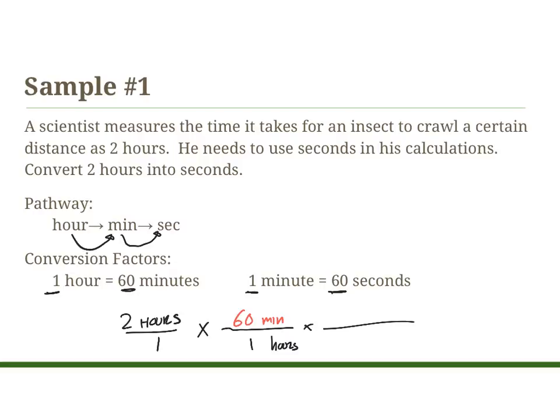He is then going to convert from minutes into seconds, because if he stopped his calculation right here, the hours would cancel out and he'd be left with minutes, but he needs to get to seconds. So he's going to put minutes on the bottom and seconds on the top.